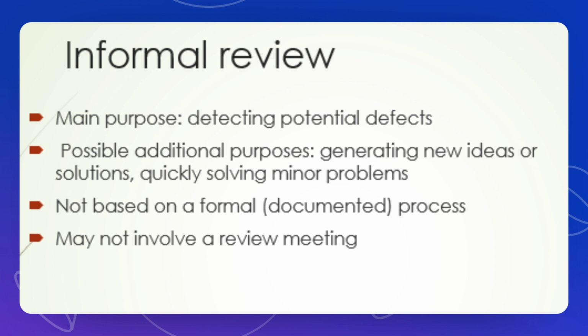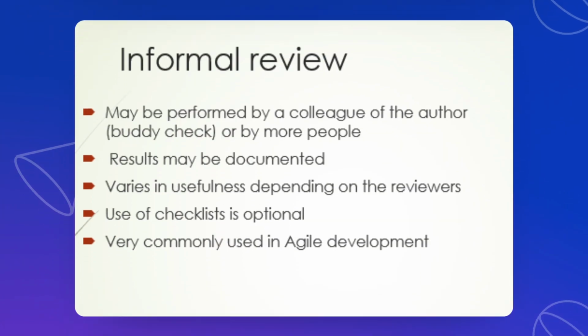It is not based on a formal documented process. As it is informal, we need not use email, documents and so on. It can be very informal: two people can even do an informal review during a walk. They can discuss and share ideas. It may not involve a review meeting. They do not need to go into a meeting room and book it.